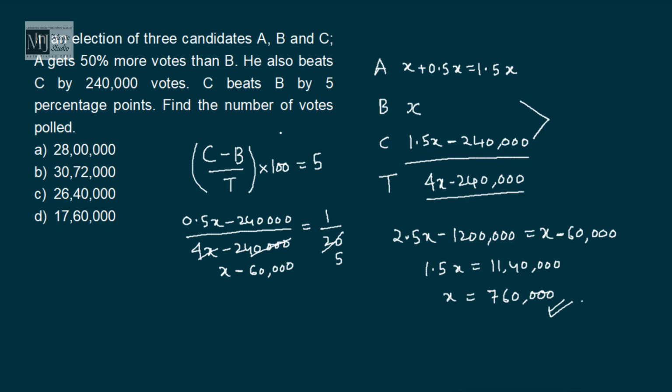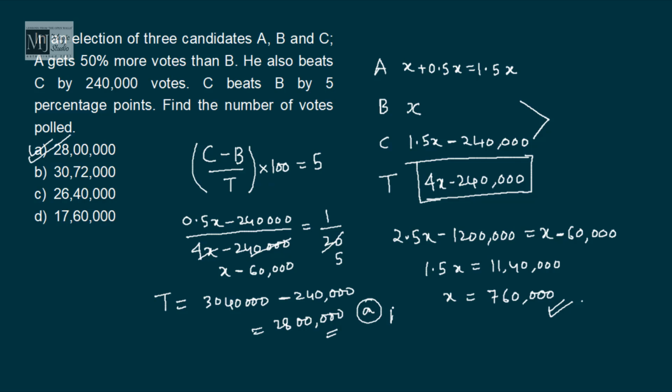Okay. Find the number of votes polled. That means we are looking out for the value of T. So value of T should be 4x minus 2 lakh 40,000, that is 30 lakhs 40,000 minus 2 lakh 40,000. So that gives us 28 lakhs. Yes, that is in option A.